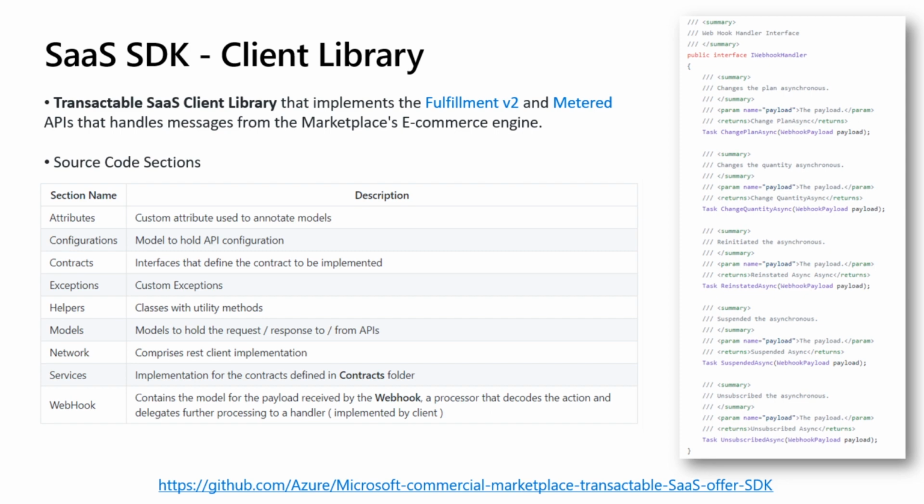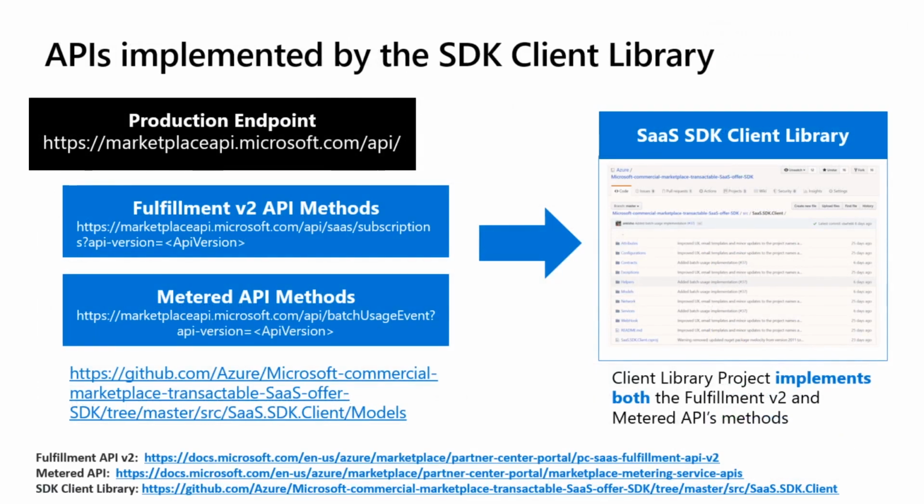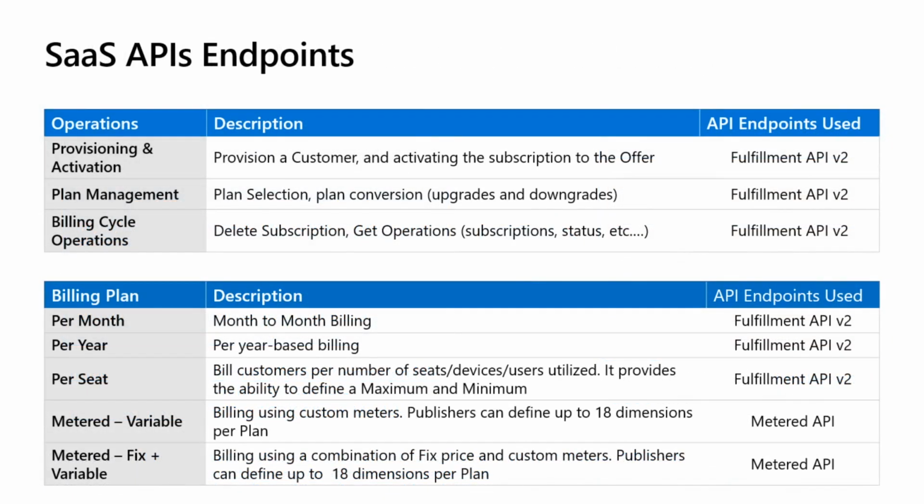So that's for the client library. As I said, this is a more descriptive picture of the implementation of what's inside that client library. It's a great example for you to use if you want to develop your own client library on your own. The endpoints, this is what I was referring to before.